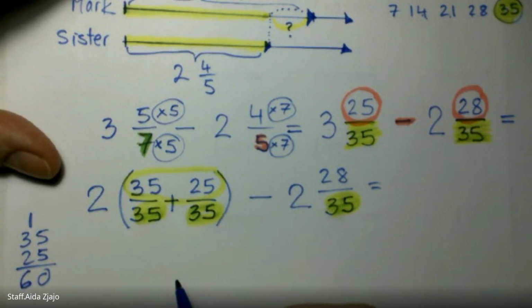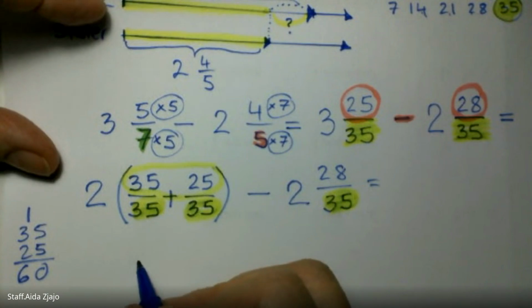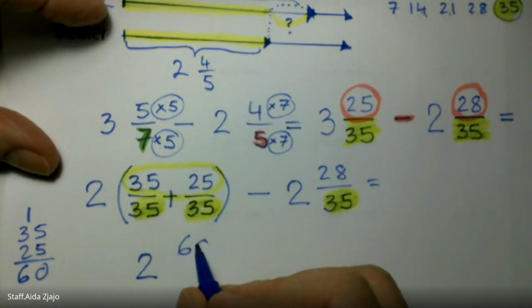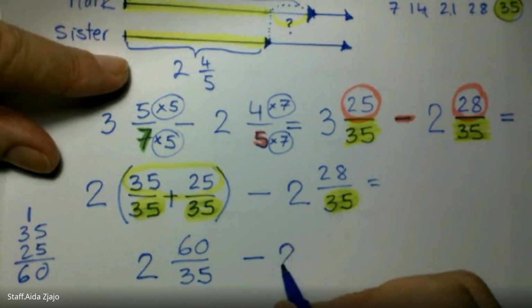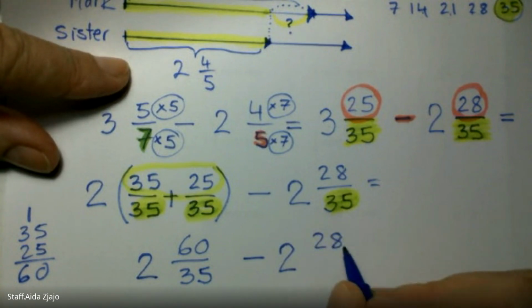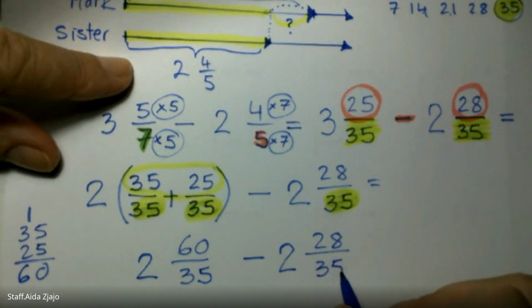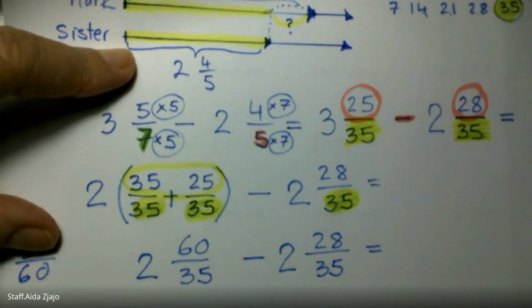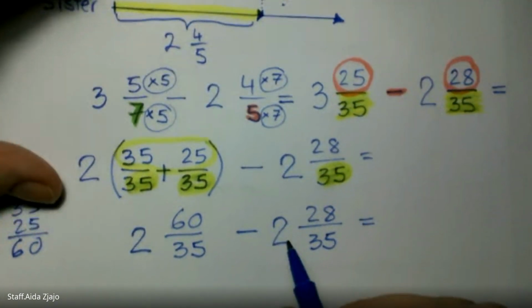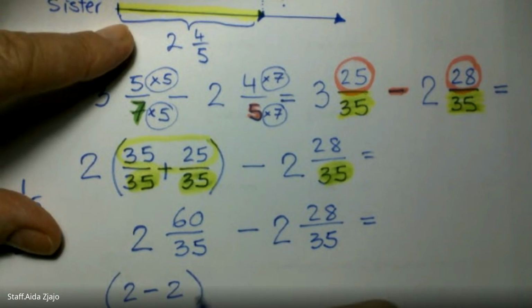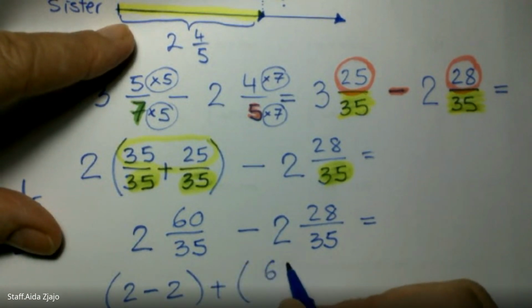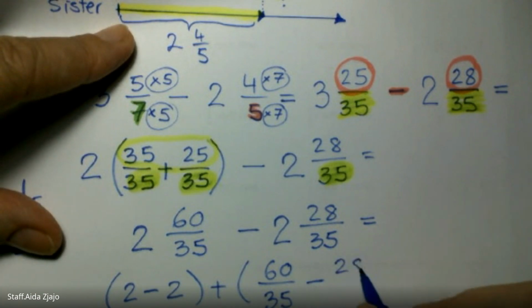So I will have 60 pieces. So now I have 2 wholes and 60 35ths, and I can give you 2 wholes and 28 35ths. So 2 wholes minus 2 wholes, plus 60 35ths minus 28 35ths.